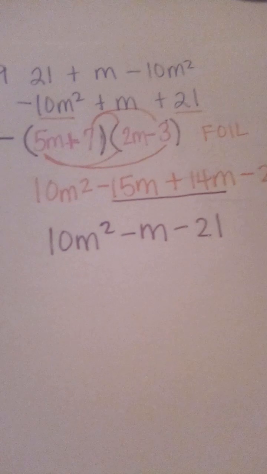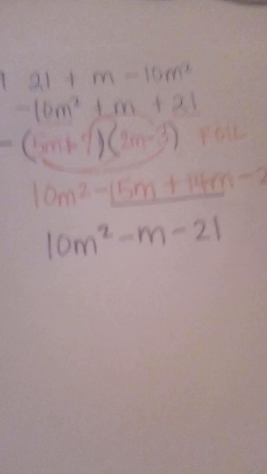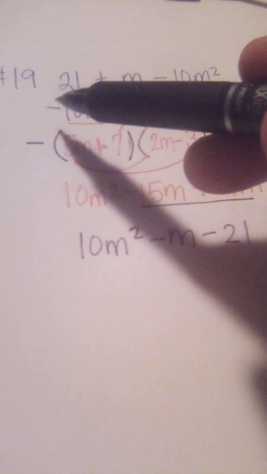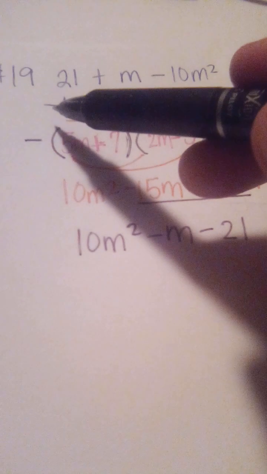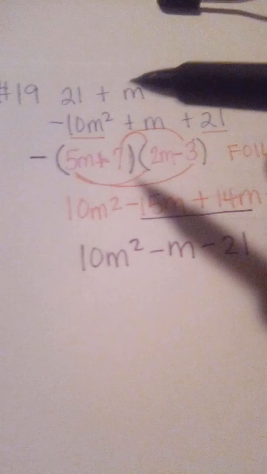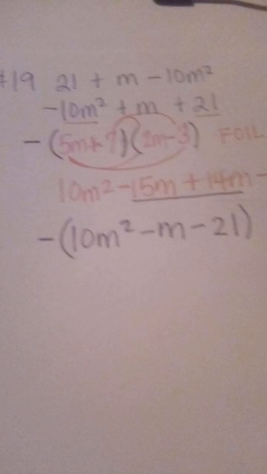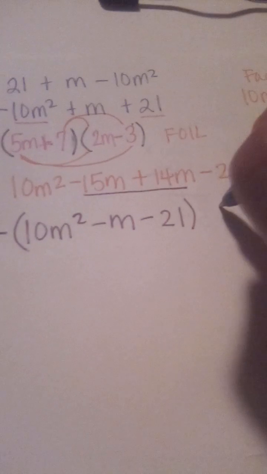Question: are we done yet? No. Remember the first term in the new reorder, which is a negative? In order to do this, put this in the parentheses and put a negative in front. Now we can distribute the negative.